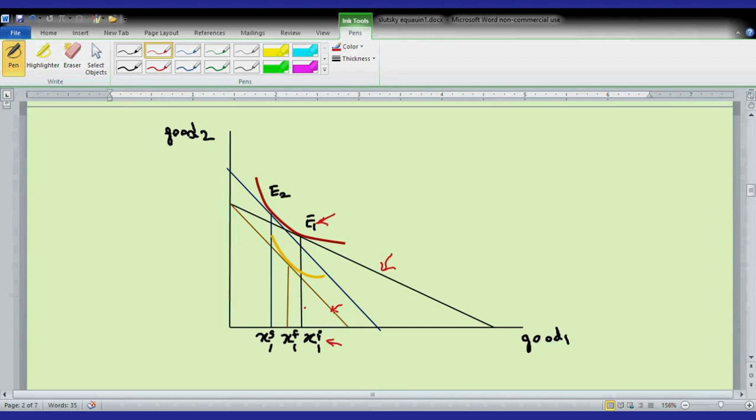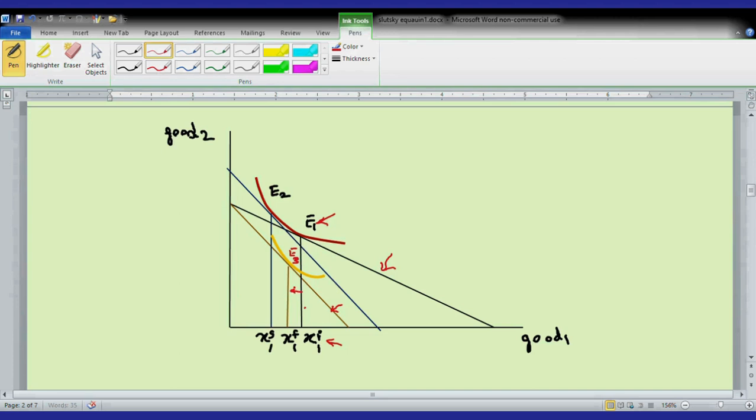As a result of this increase in price of good 1, the equilibrium moves from point E1 to point E3. The total effect is saying that the consumption of good 1 decreases from x1i to x1f.